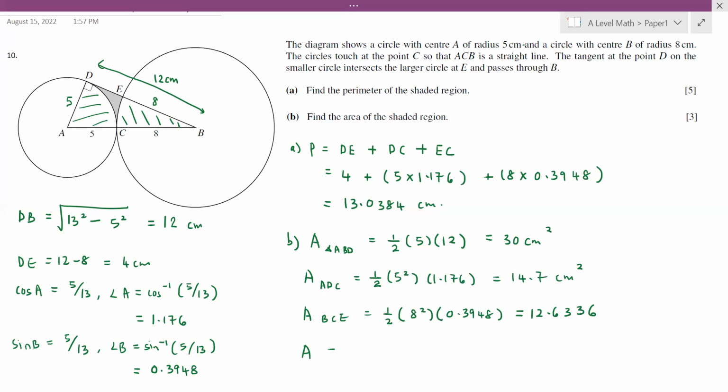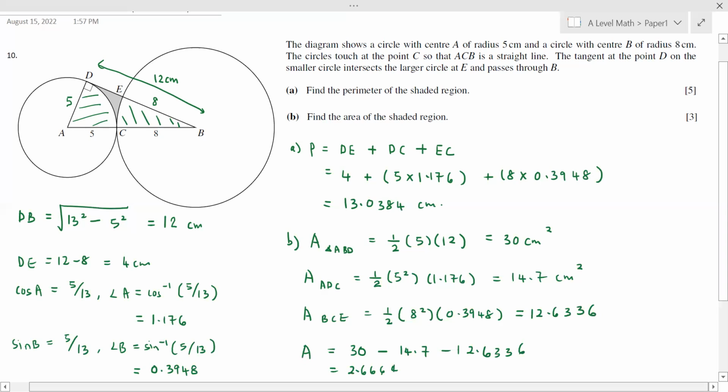The area of the shaded region is the area of the triangle minus the area of the two sectors, which is 2.6664, and we can write this as 2.67 square centimeters.